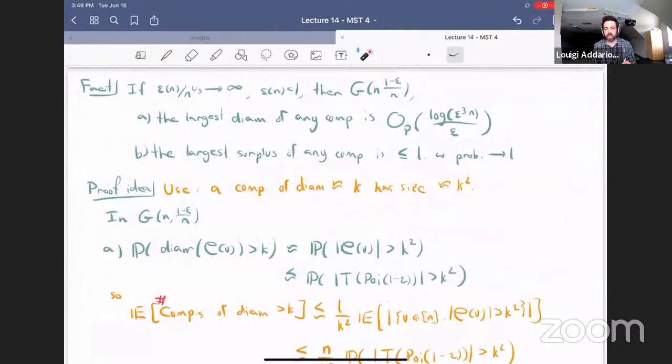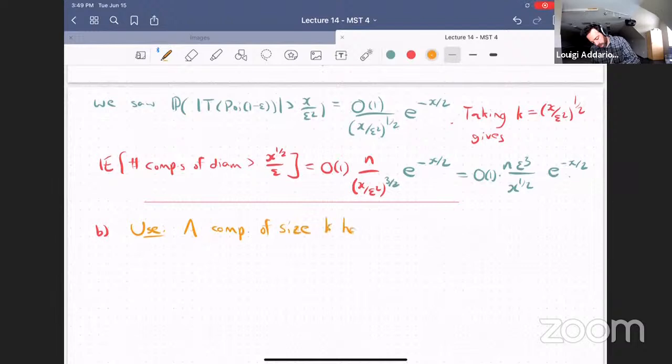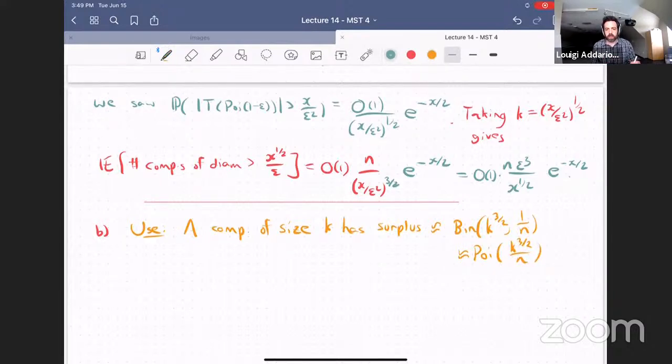But I will use a slightly different heuristic, which is that a component of size k has surplus roughly like a binomial k to the 3 halves, 1 over n, or roughly a Poisson k to the 3 halves over n. I owe you an explanation of this as well.